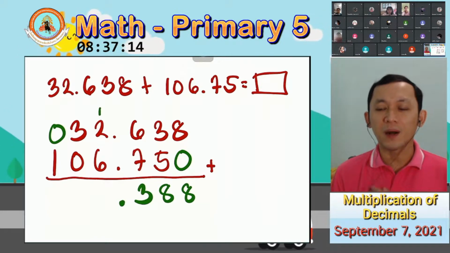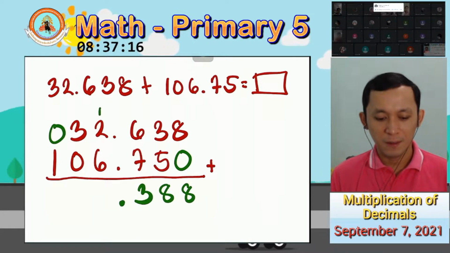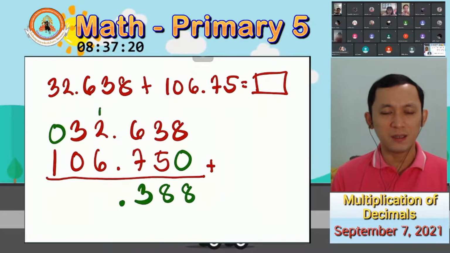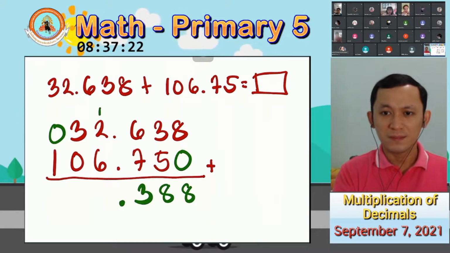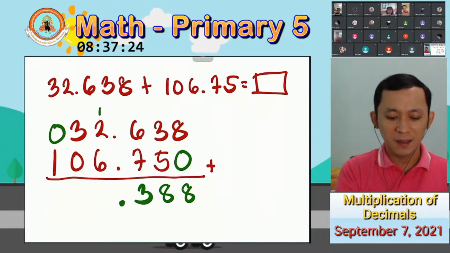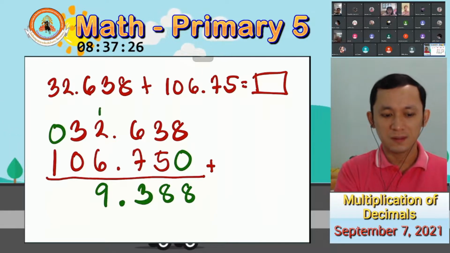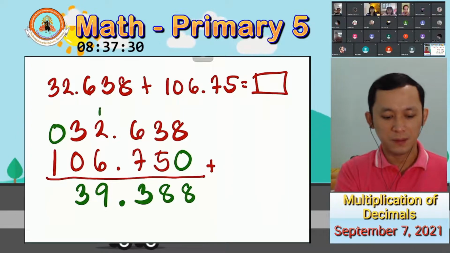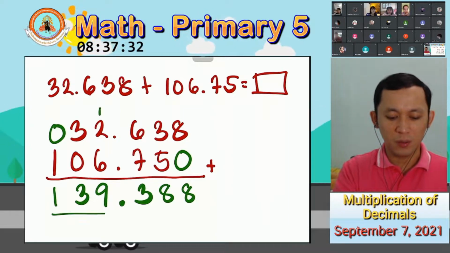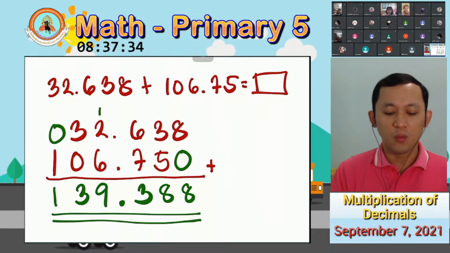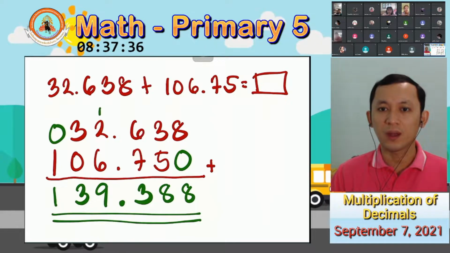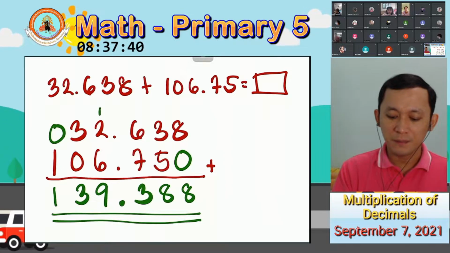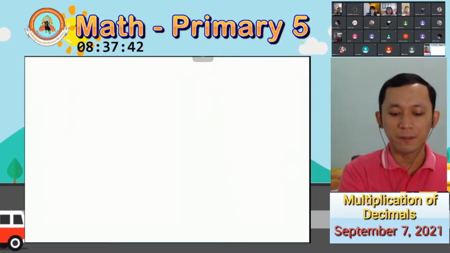So we write our decimal point. Next, 1 plus 2 is 3 plus 6. What's the answer? 9. 3 plus 0 is 3, and 0 plus 1, we have 1. So our final answer, we have 139.388.